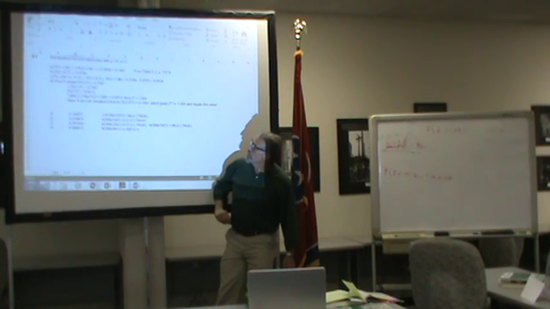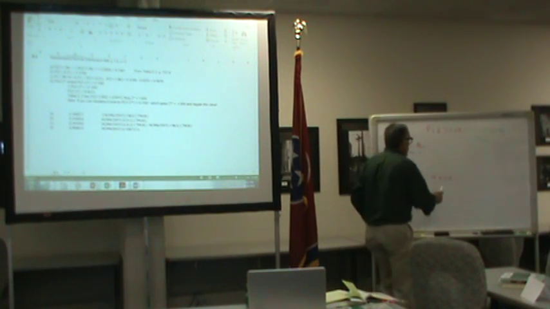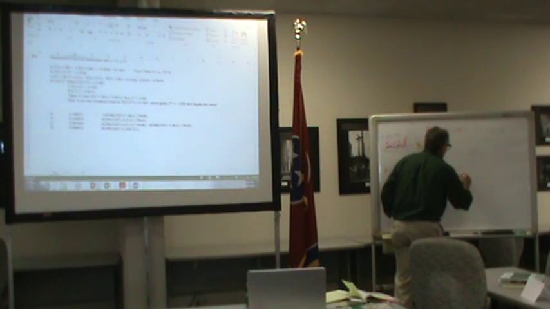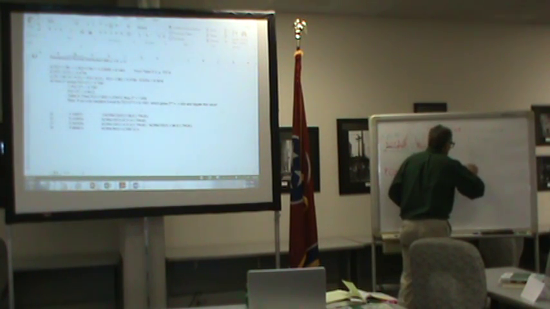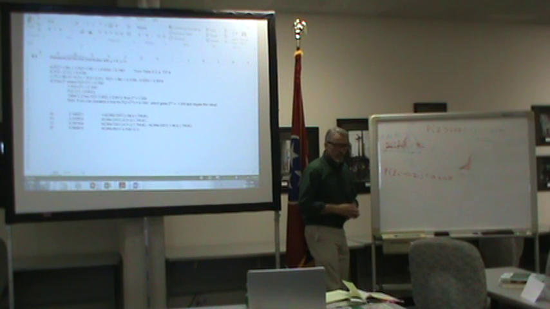Now the next question is, what's the probability that we're between minus 1.96 and minus 0.21? They want to know what this probability is. Remember the table's not going to give us a difference.